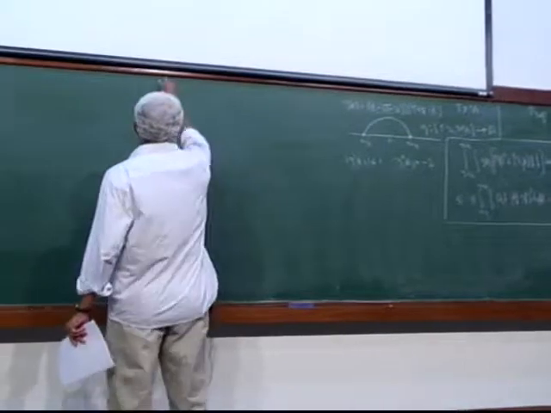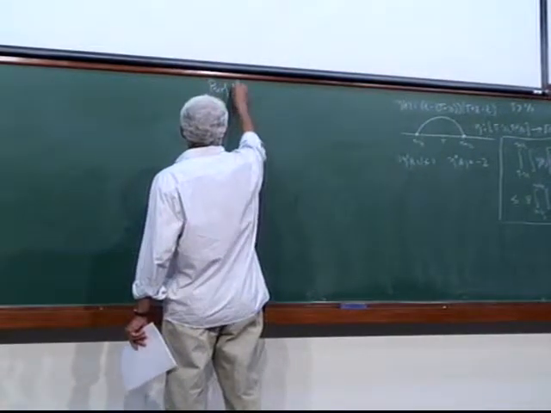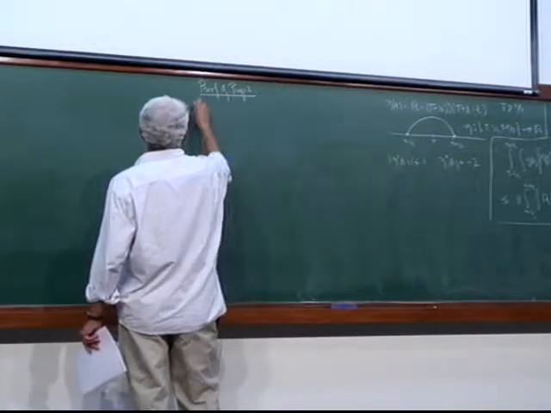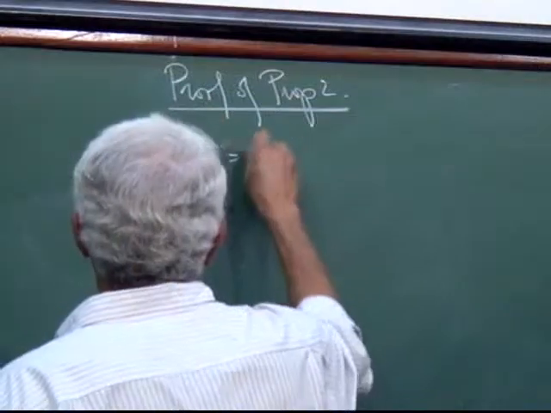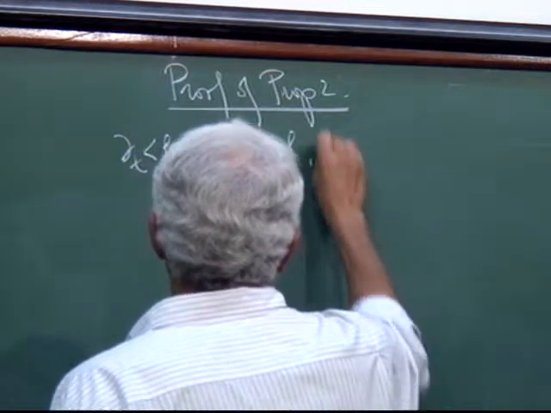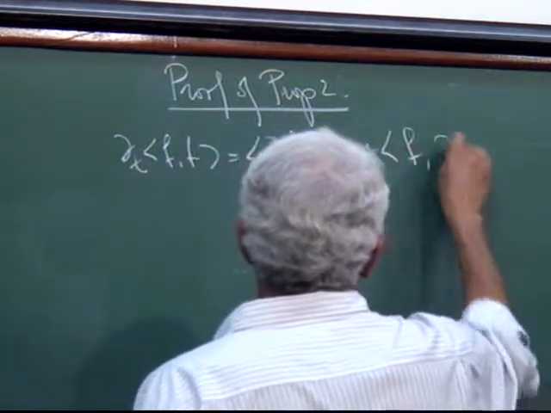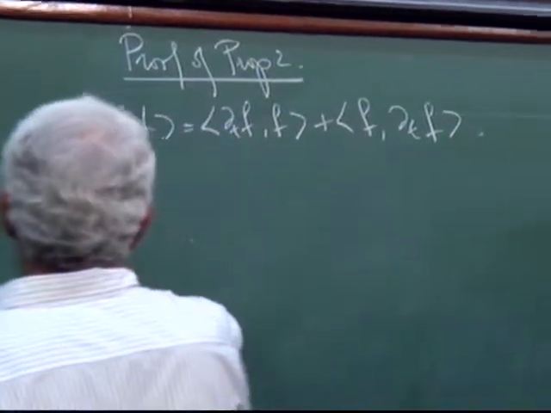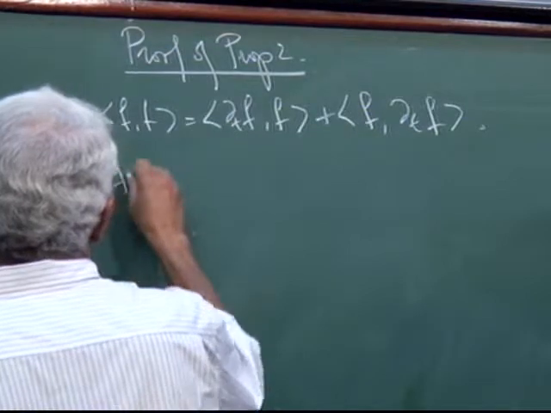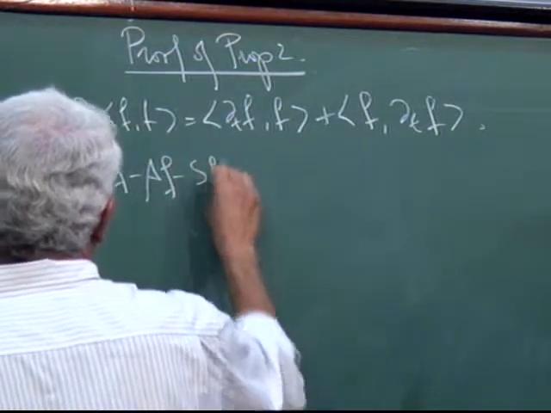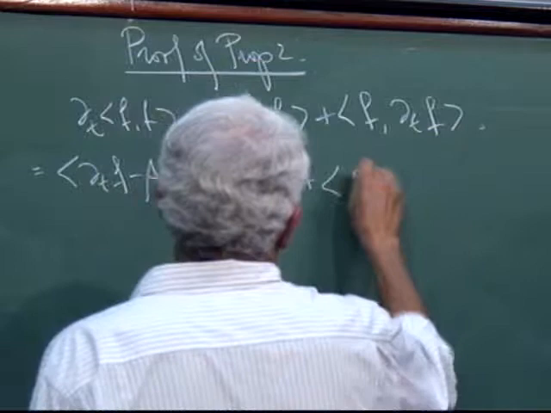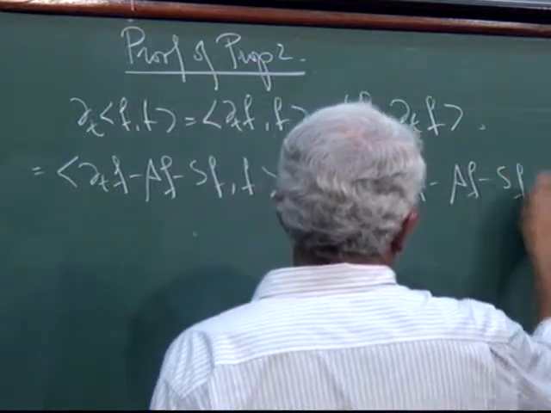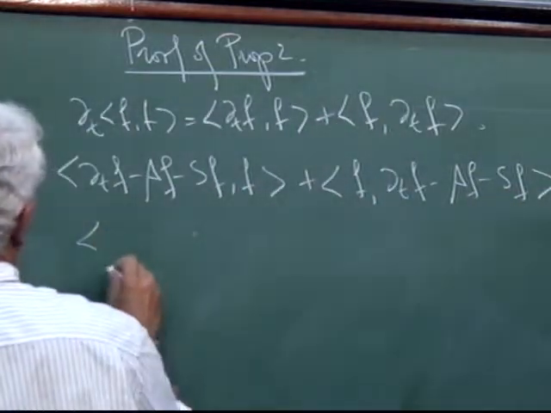Now proof of proposition 2. You take the derivative of the L2 norm of f, which is dt of f times f plus f times dt of f. Then you are going to add and subtract as before. This is dt of f minus A of f minus S of f, times f, plus f times dt of f minus A of f minus S of f.